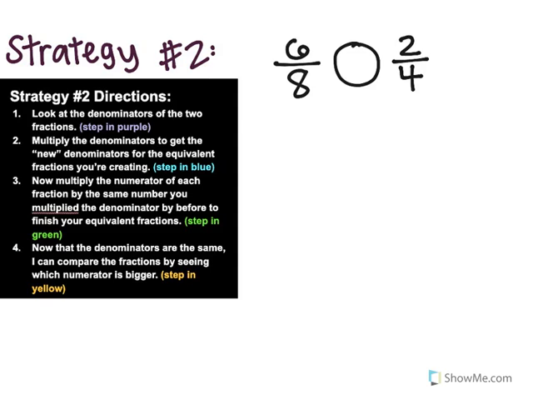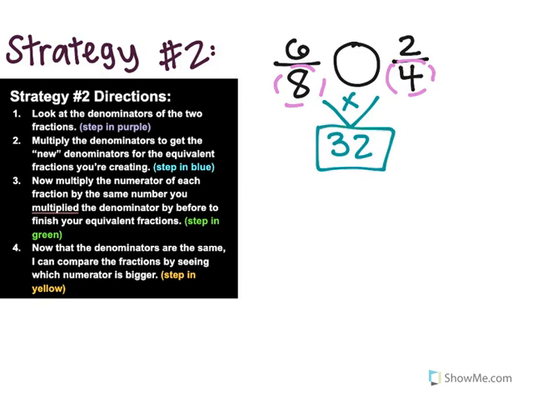So my first step is to always look at my denominators. And as I'm looking at them, I'm going to now multiply them together. 8 times 4 gives me 32. So 32 is going to be my new denominator for both of them when I create the equivalent fractions.